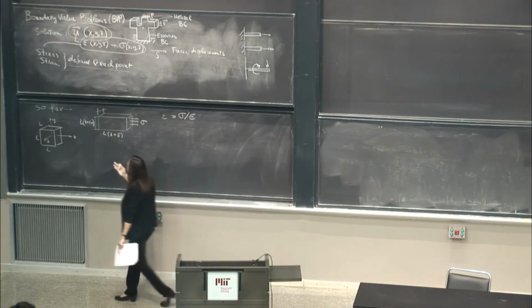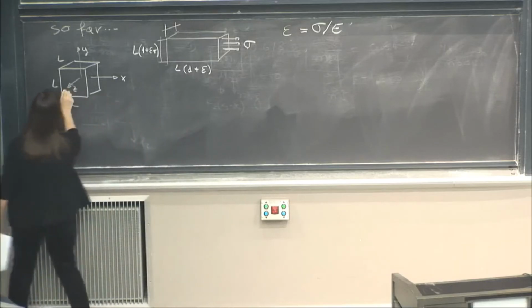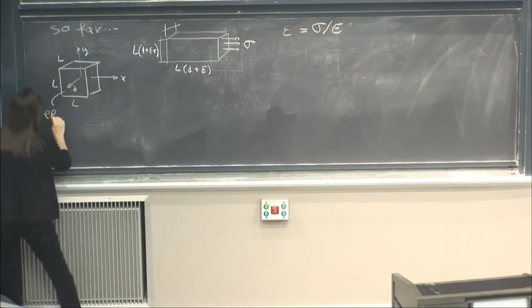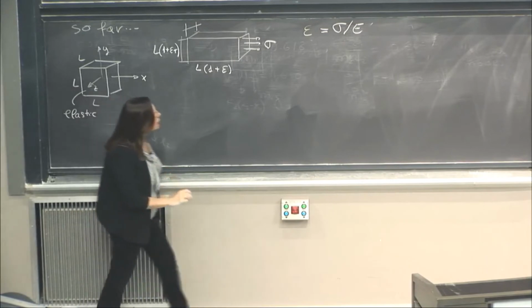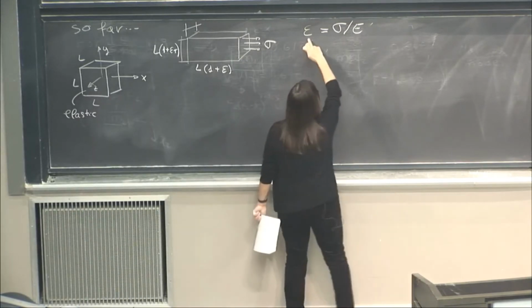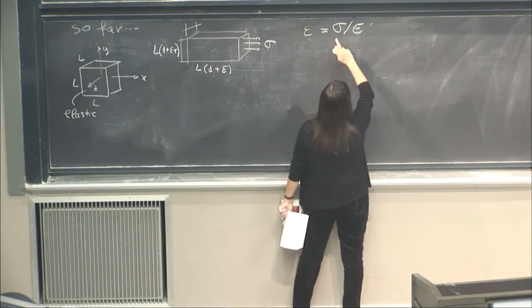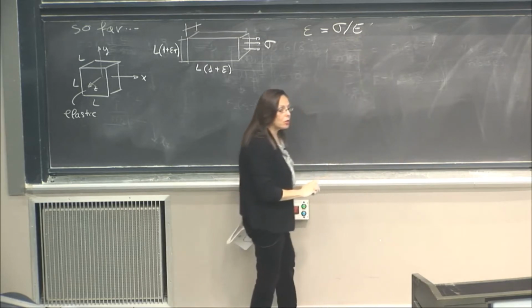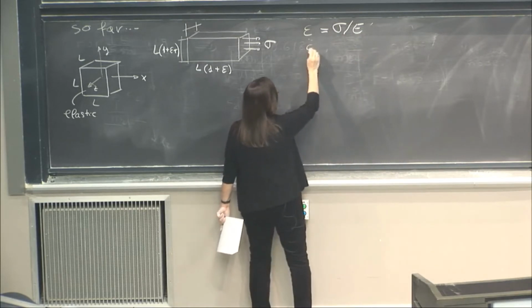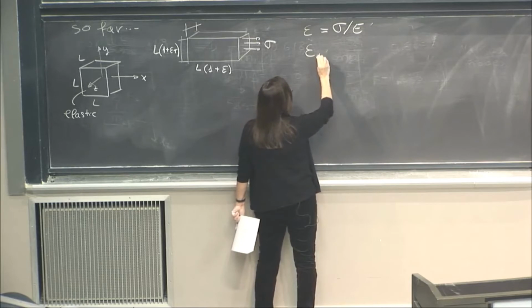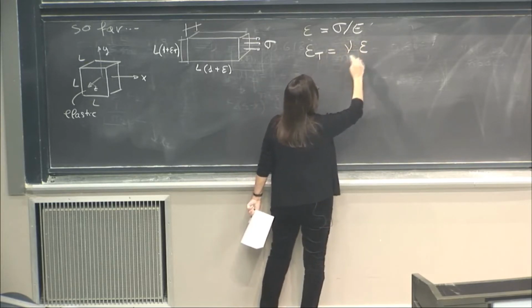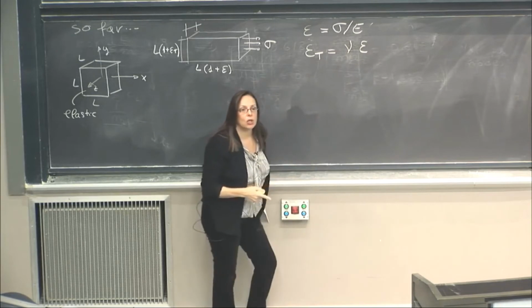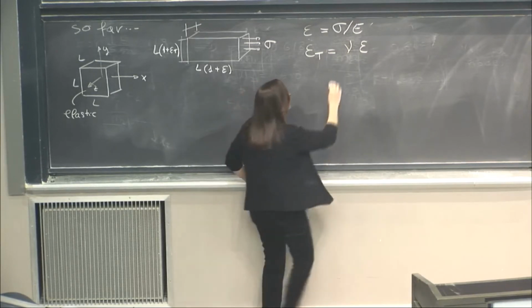So what we have learned so far, we are focusing now on just elastic response. And we know that for elastic response, the axial strain is related to the normal stress through the Young's modulus. And we learned in our discovery lab that the transverse strain is connected to the axial strain through a material property that is called the Poisson's ratio.